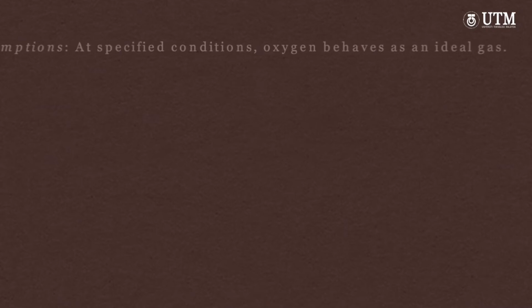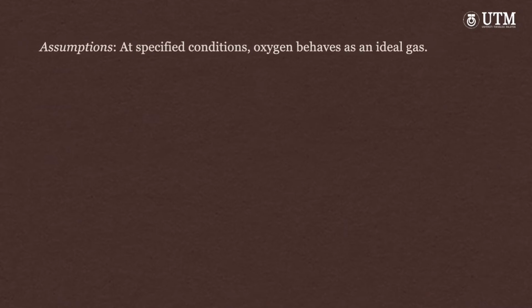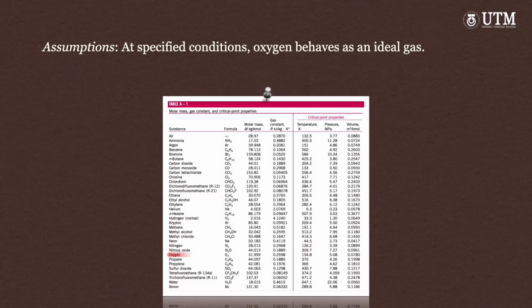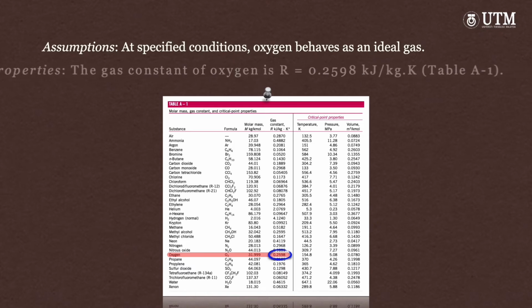Assumptions: at specified conditions, oxygen behaves as an ideal gas. The gas constant of oxygen is obtained in table A1, which is 0.2598 kJ per kilogram Kelvin.